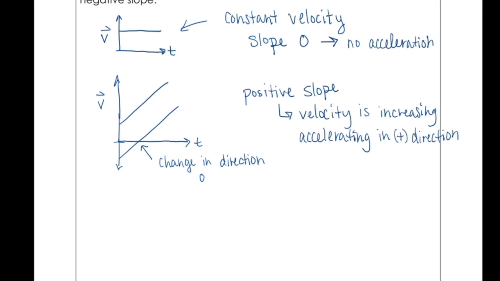Okay, the object comes to a stop. Okay, because that is a velocity of 0, so that would be stopped.